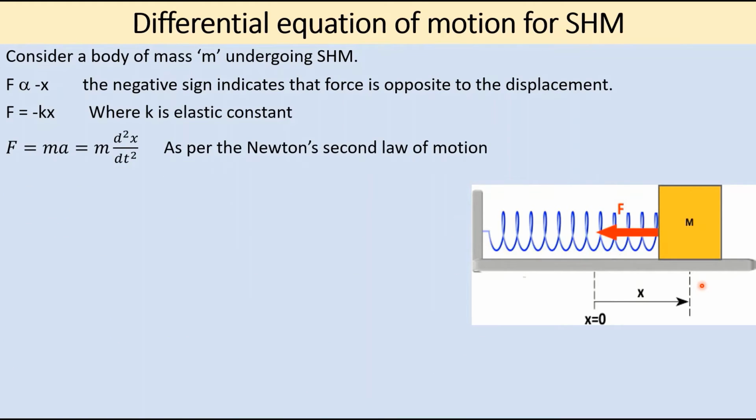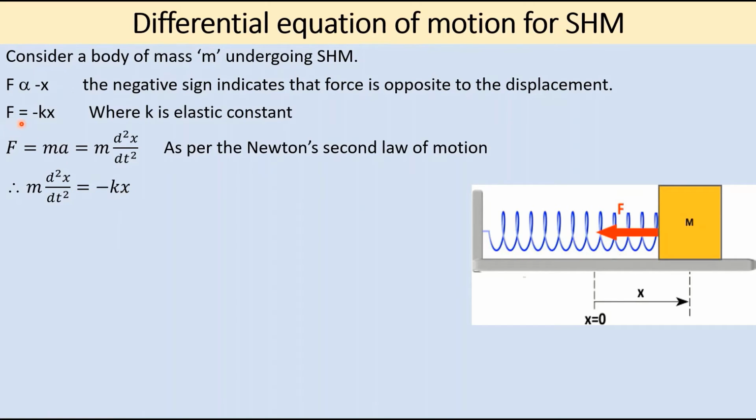Now force is also given by Newton's second law, F is equal to ma, mass into acceleration, that is m d squared x by dt squared, where the acceleration a is d squared x by dt squared. So m d squared x by dt squared is equal to minus kx.